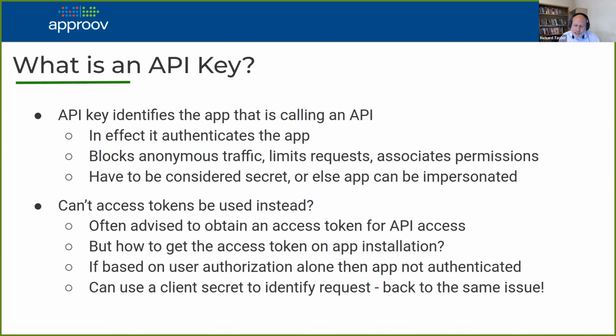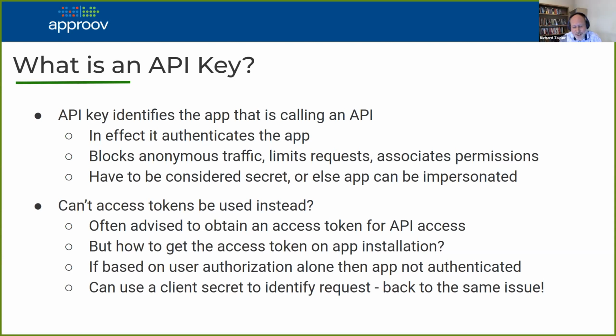So this has some validity because it ties the access down to an individual user. But the problem is, in many applications, it's actually quite easy to sign up as a user. So if it's just based on user authorization, then essentially you're not actually authenticating the app. You're just saying you have a user. So in that sense, it's not a particularly strong protection.